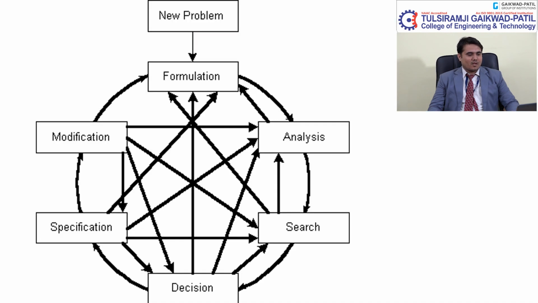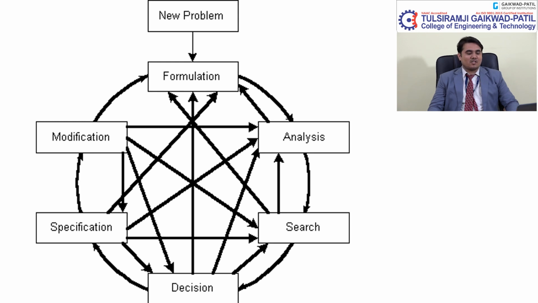In construction management, a new problem comes with formulation and deep analysis and research, and a decision has to be made properly, with the proper specification along with the modification. This loop diagram shows the new problem, which leads to the formulation, and after the formulation the analysis has to be done critically.